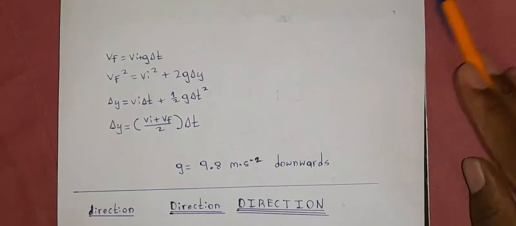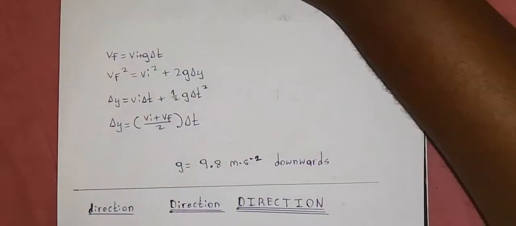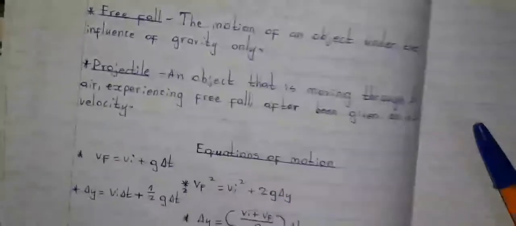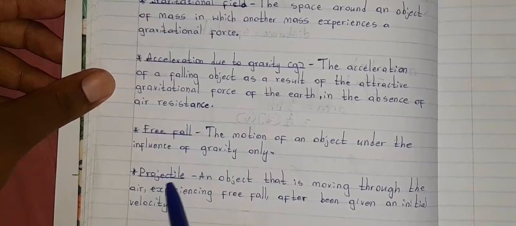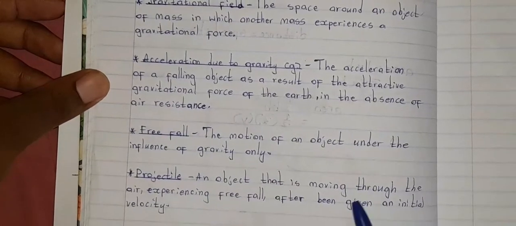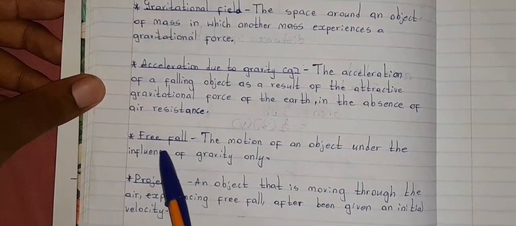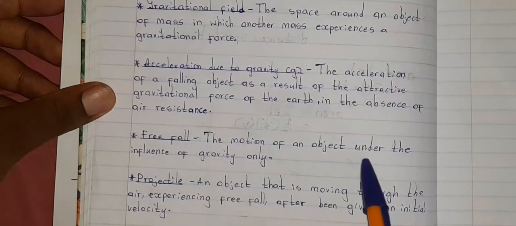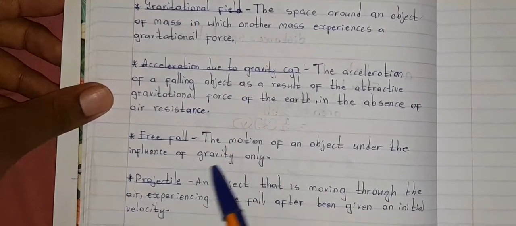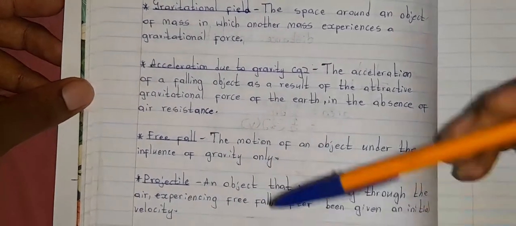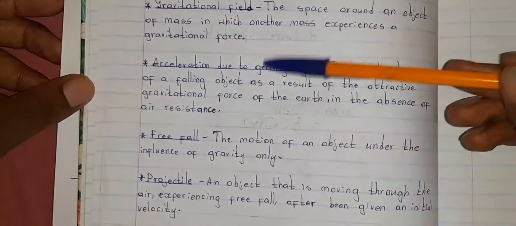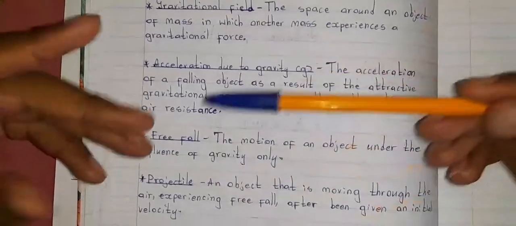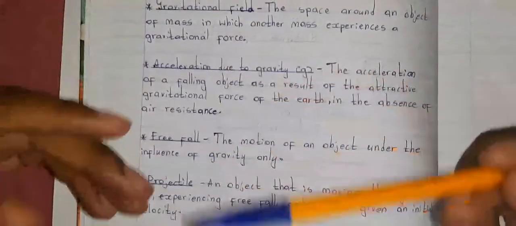Before we even go further, I want to introduce these terms here. I hope they are visible there. We have a free fall and a projectile. So what is the difference between them? A free fall is the motion of an object under the influence of gravity only. So when you release something from a height, that something will experience a free fall.